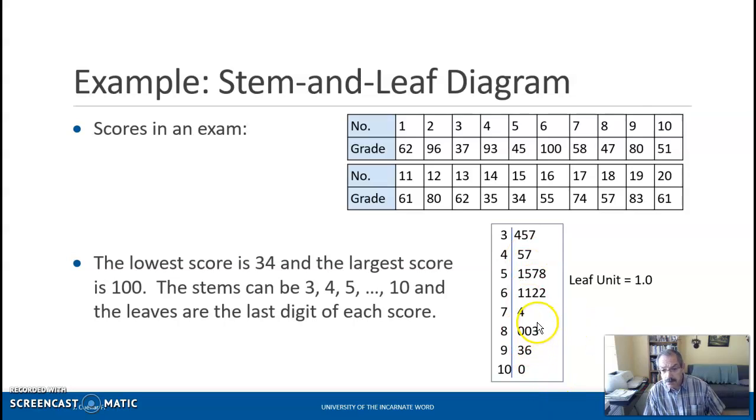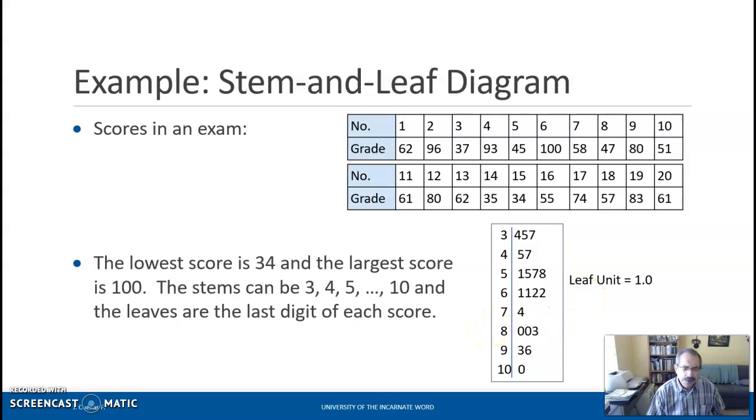You also see that the scores are not too bad. There is 1 perfect score of 100, 2 in the 90s, 3 in the 80s, and 1 in the 70s. So by looking at this, you can talk about what the distribution of scores is like, and what you think it tells you about this class.